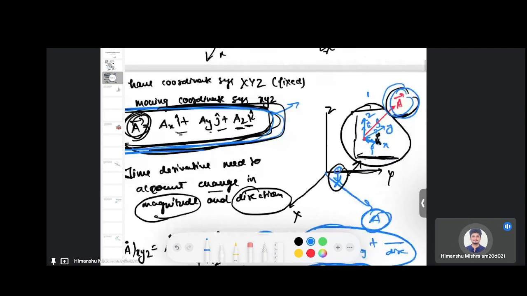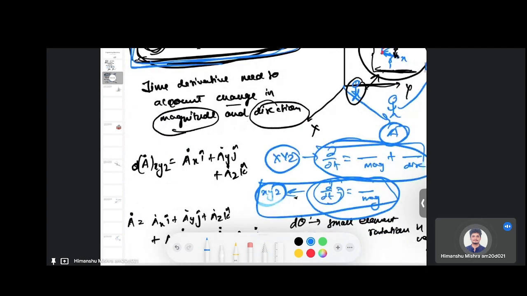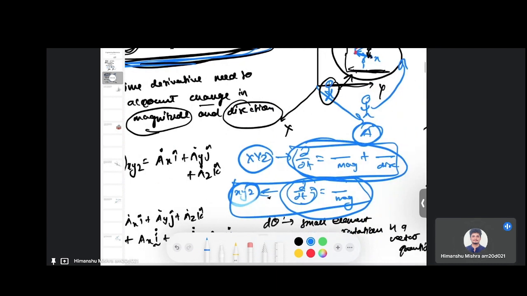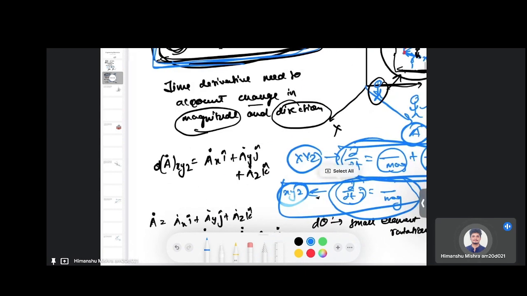But if you are in the fixed frame, then you can see the direction of A and magnitude of A both changing. So in the fixed frame, the rate of change with time comes from the magnitude change as well as from the direction change. This is what I have written here.